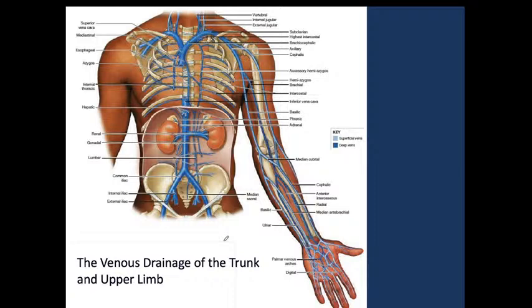We know this return from the upper limb. There are a lot of small veins in the hand, and these veins are called digital veins. They empty into the superficial and deep palmar veins of the hand.